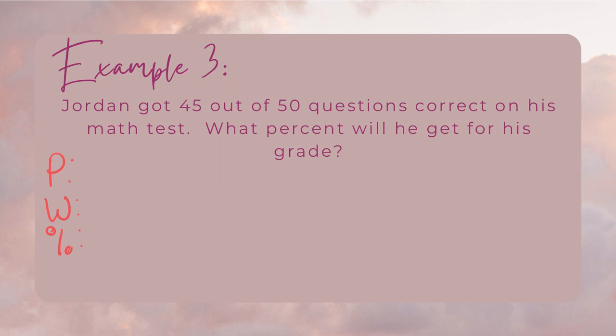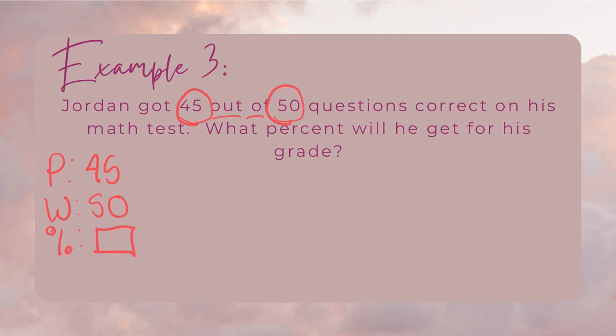The two values I do see are 45 and 50. And he says he got 45 out of 50 questions correct, which means the part is 45 and the whole is 50, because that was the total number of questions on the test, which means we are finding the percent this time.